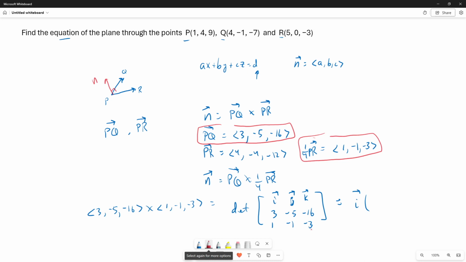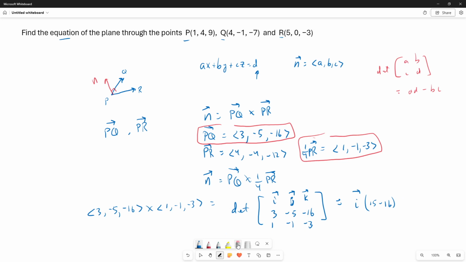So the determinant of the 2 by 2 matrix A, B, C, D is AD minus BC. So -5 times -3 is 15 minus -1 times -16, which is 16.